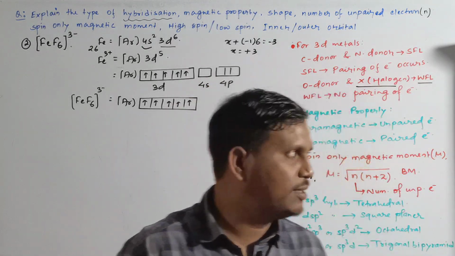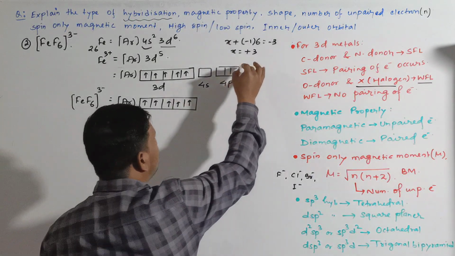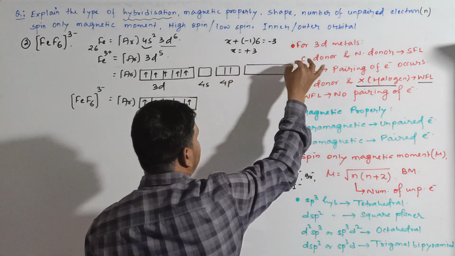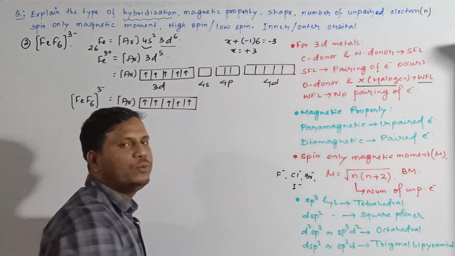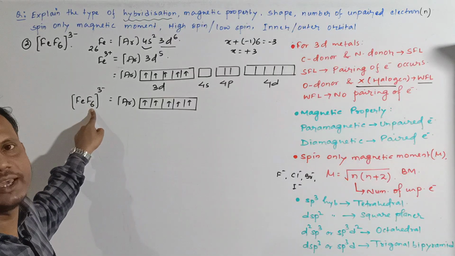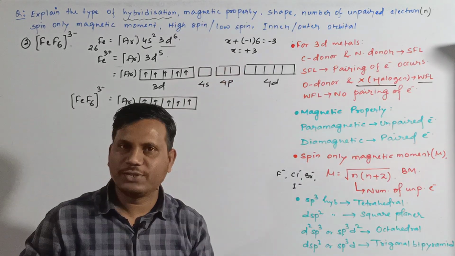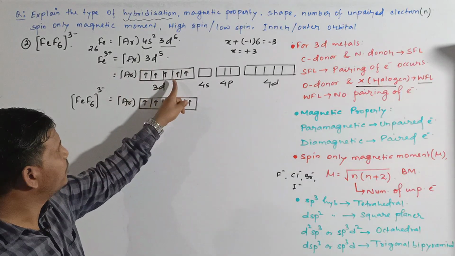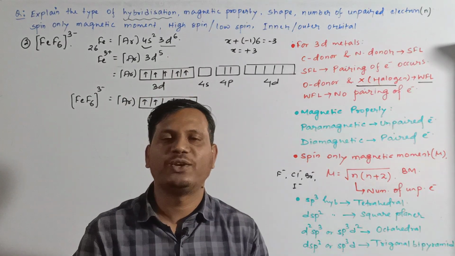We require 6. So in this case, we will take the help of 4d orbitals, the outer d orbitals, because we require 6 vacant orbitals but we have only 4.